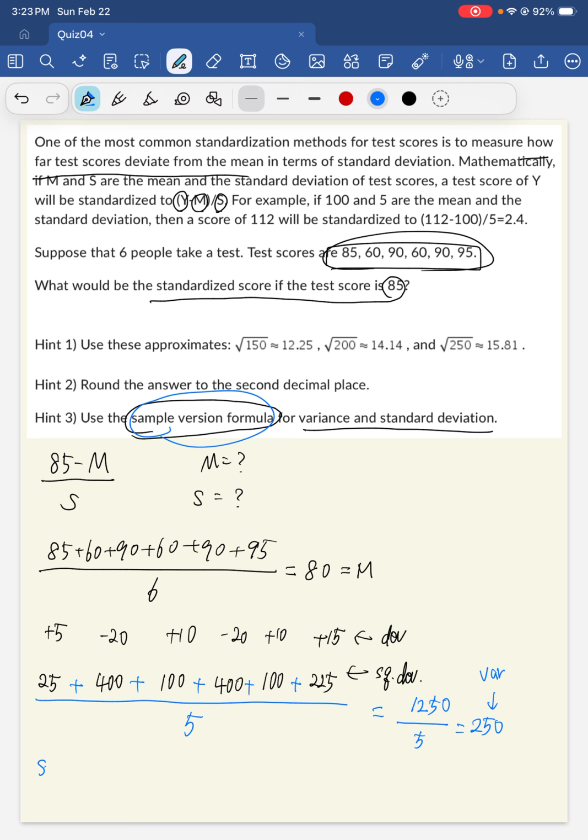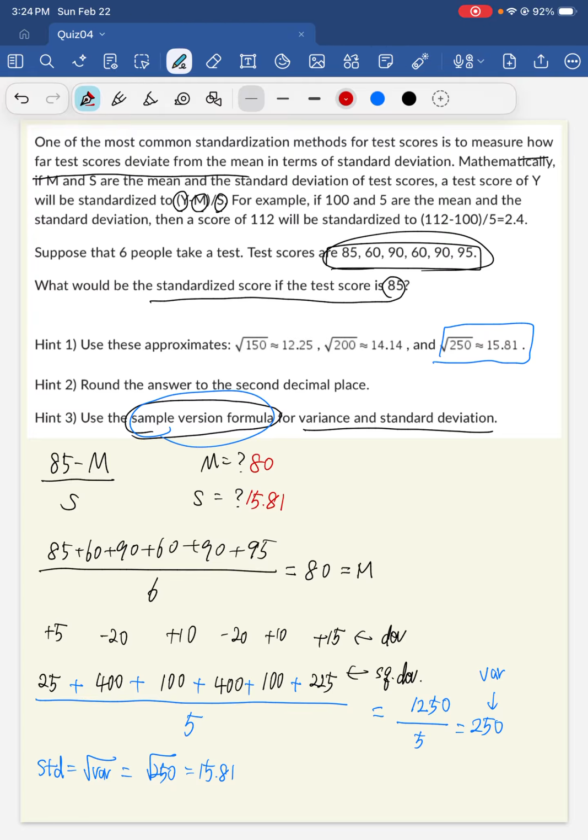And what we need is the standard deviation, that is the square root of the variance, so the square root of 250, and I gave you the number, 15.81. So then, back to our original question, the mean was 80 and the standard deviation is 15.81.